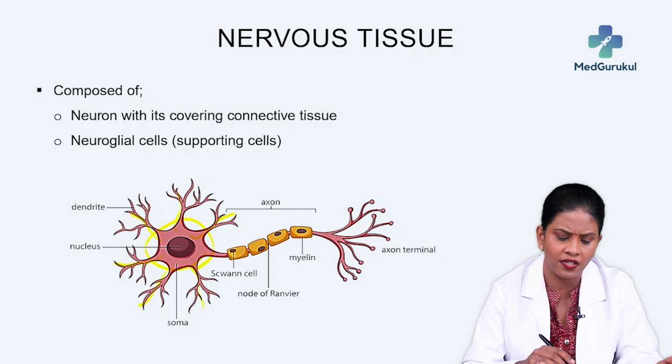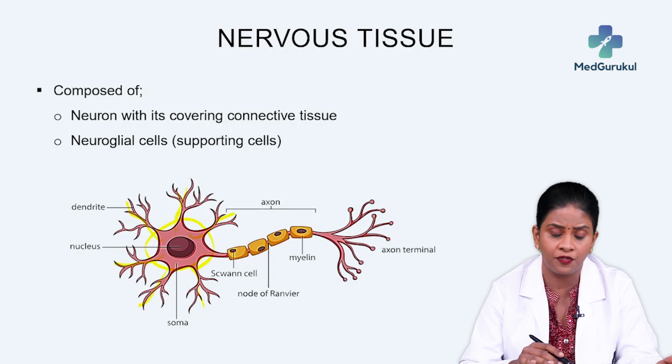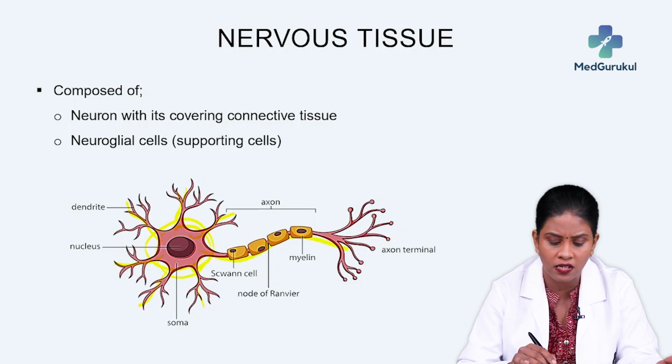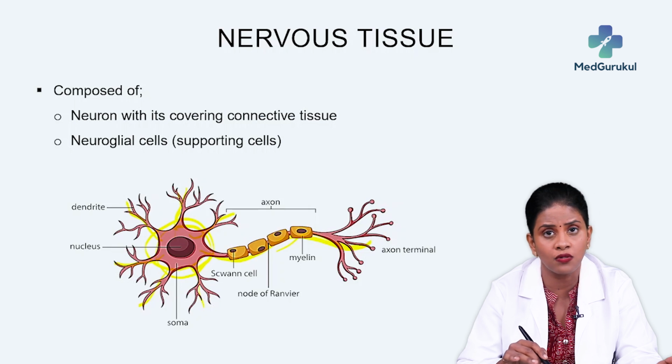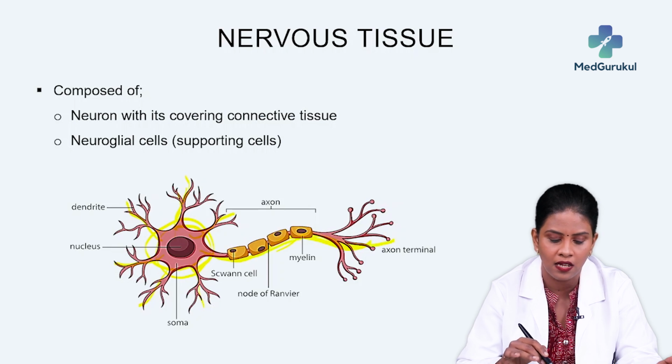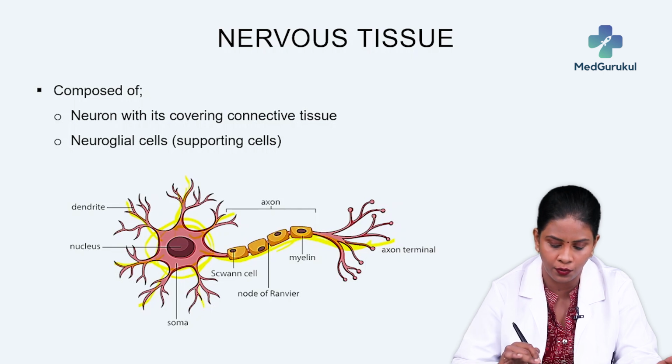What is the function of the dendrites? They receive the impulses from outside and deliver them to the nucleus. And there is a long process known as the axon. It takes information away from the cell body and delivers it to various regions. So, dendrites are short processes, and the axon is a single long process. These are the parts of a neuron.